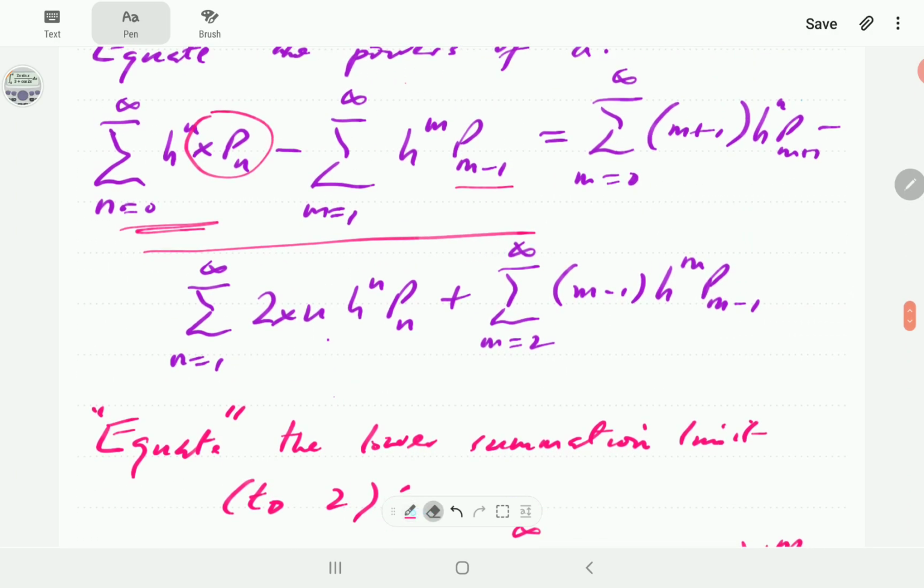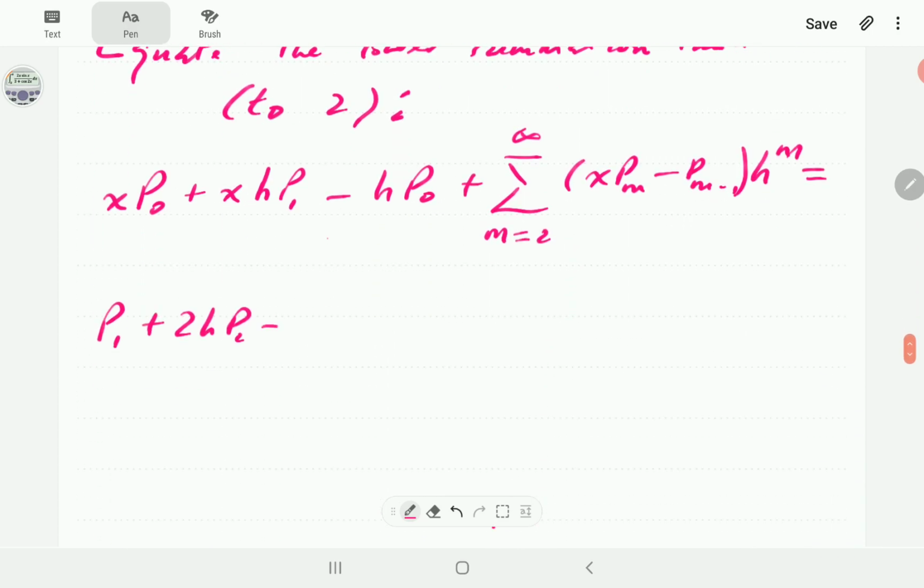The next one, we need to evaluate this at n is 1. This one is already starting at 2, so that's fine. When n is 1 here, it's going to be 2x h p_1, so minus 2x h p_1. And then the 3 of those summations now we can group together.